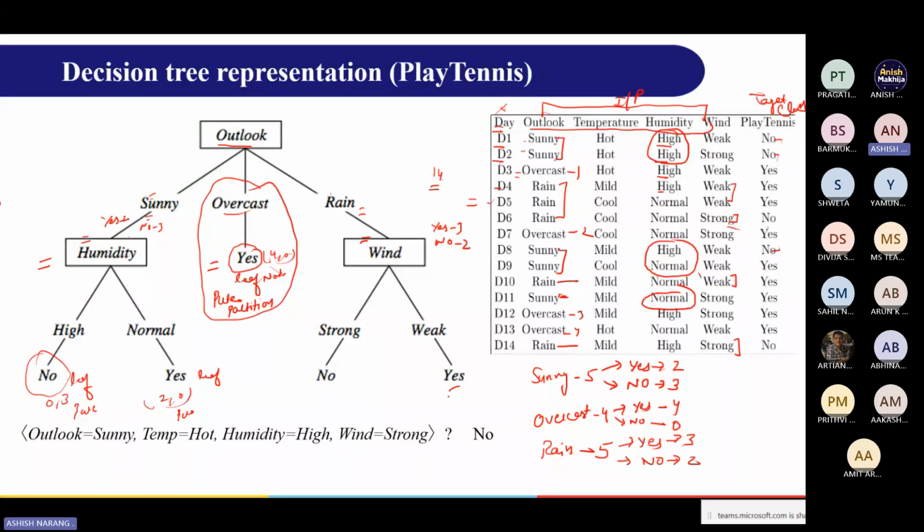So I'm getting pure partitions: this is rain weak, this is rain strong, no. So I'm getting 0, 2 here and 3, 0 here. So 3 yes, 0 no, and 0 yes, 2 no. So I'm getting my leaf nodes.